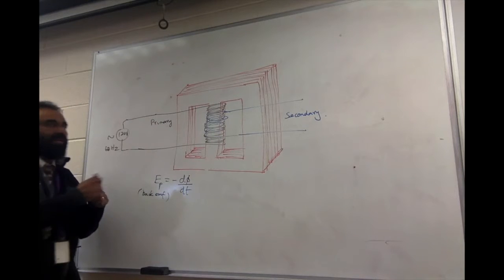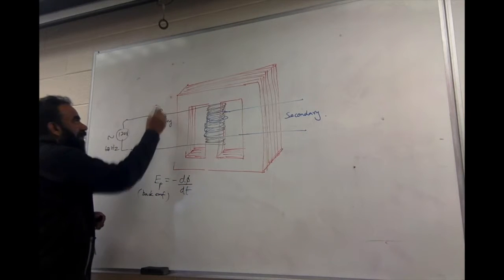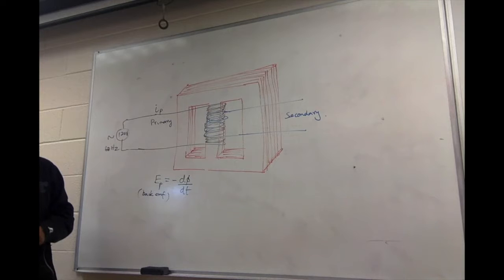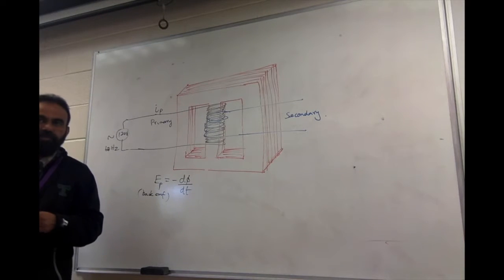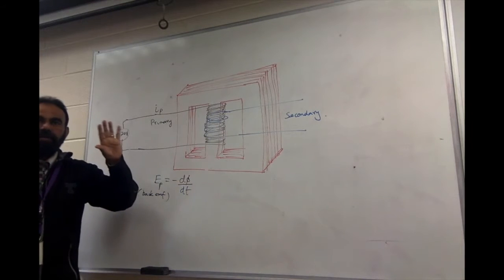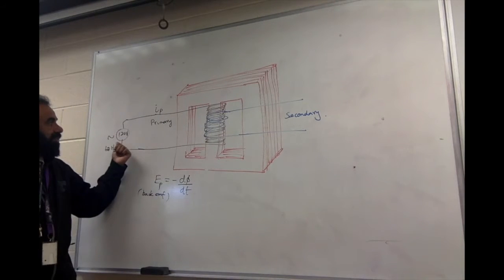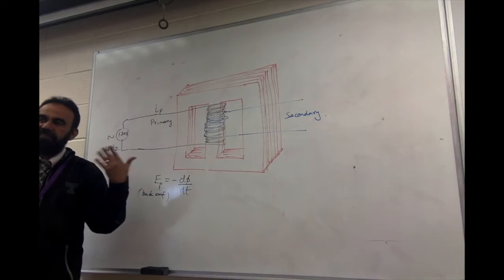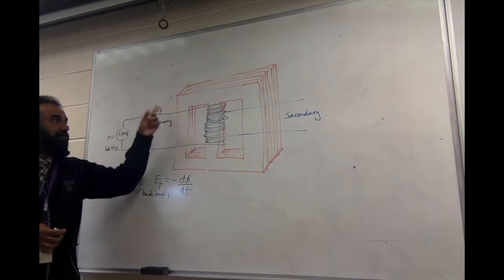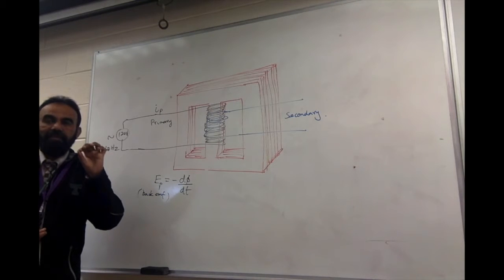So the current over here, which we will call IP, is going to be hardly there. Make sense? The current will hardly be present because the supplied voltage and the back EMF kind of cancel off. So IP will hardly be there.